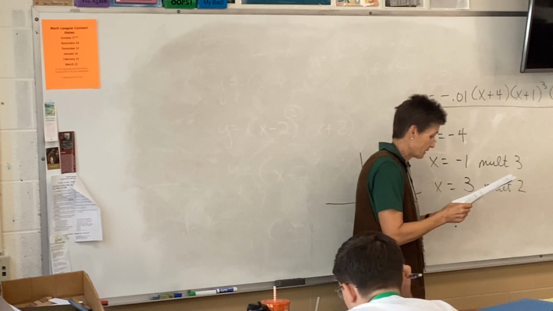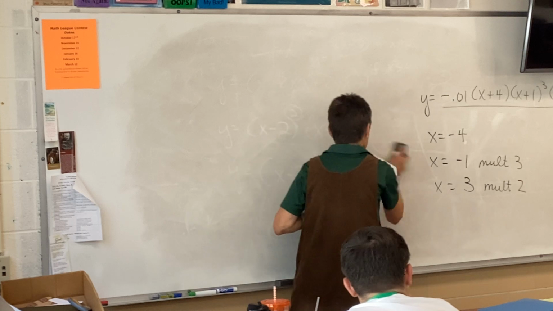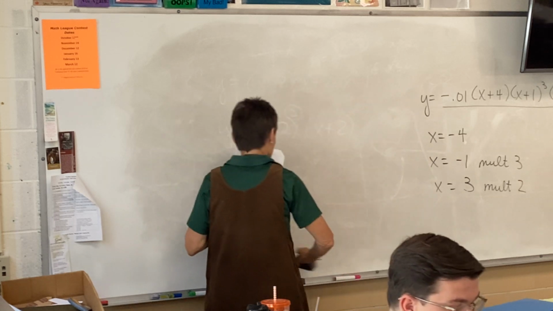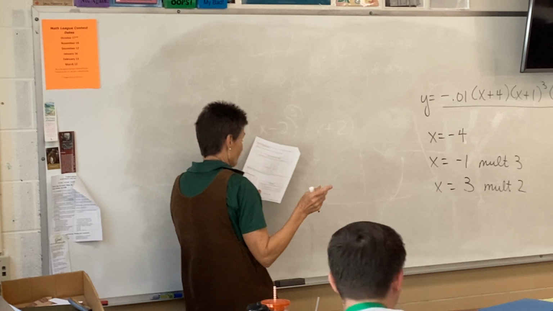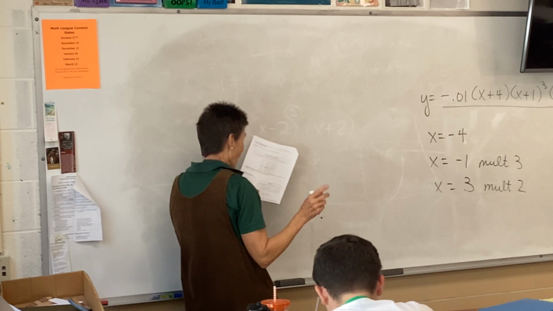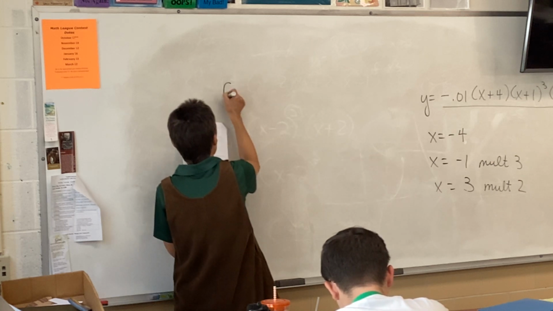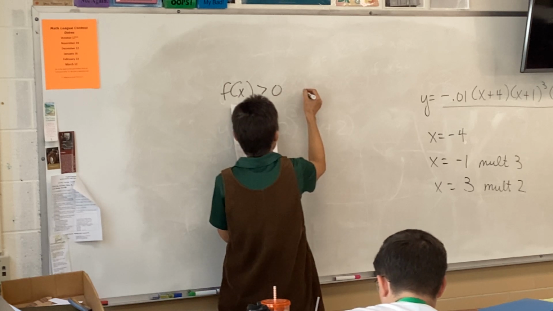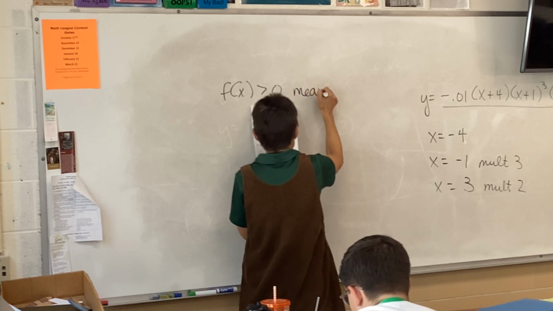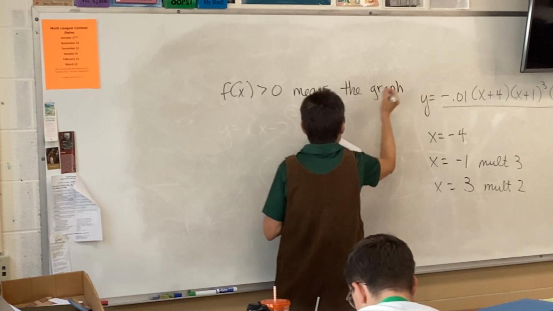All right, so let's look at this next part. Polynomial inequalities. Now we're going to look at the same basic idea with inequalities. When we write f of x, we are referring to the y value, right? So if f of x is greater than 0, what does that tell you about the graph? That means the graph of f of x is what?